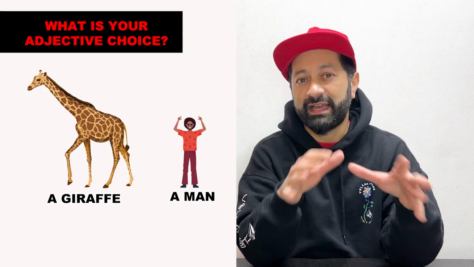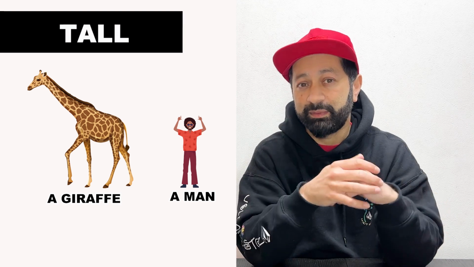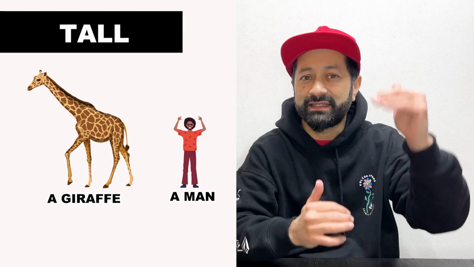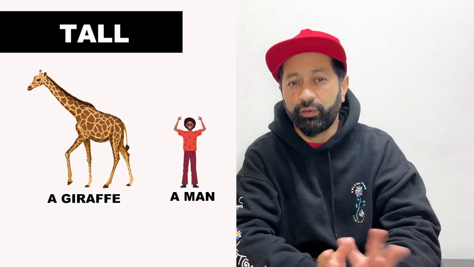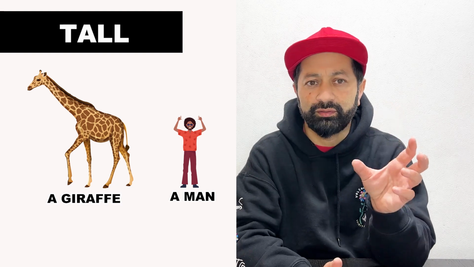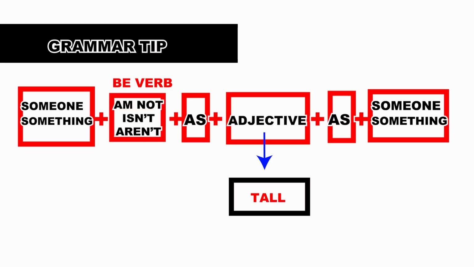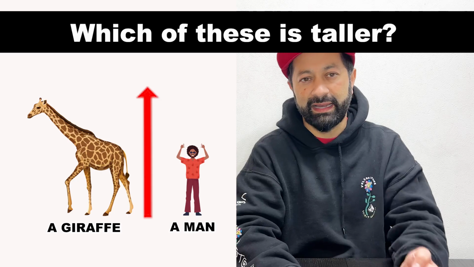I would choose the adjective tall, okay? Because we're talking about the height of two things, a man and a giraffe. So we have the word tall, okay? So let's put tall into the pattern that I gave you before. Okay, so we also have the word giraffe and we have the word man.